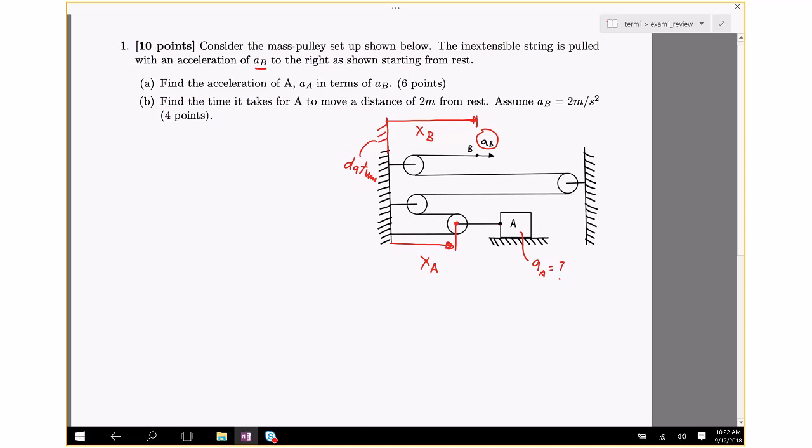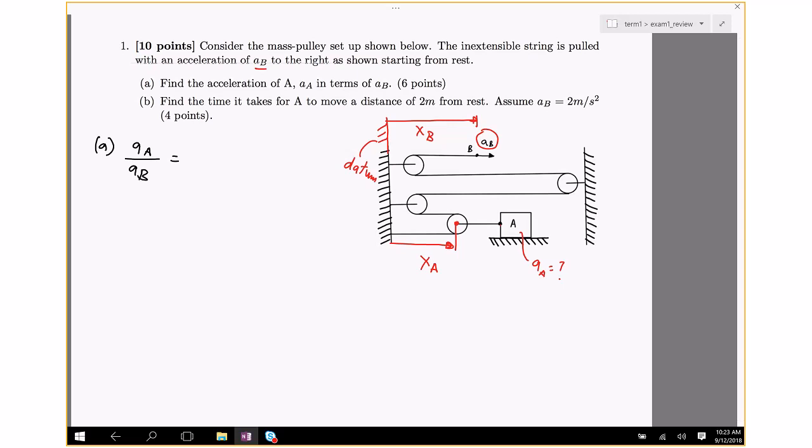I've set up the problem. You need to find the length of the cable, differentiate, and find the acceleration. What I would ask you to do is just poll the answer for AA divided by AB. It's that way you're polling a number.